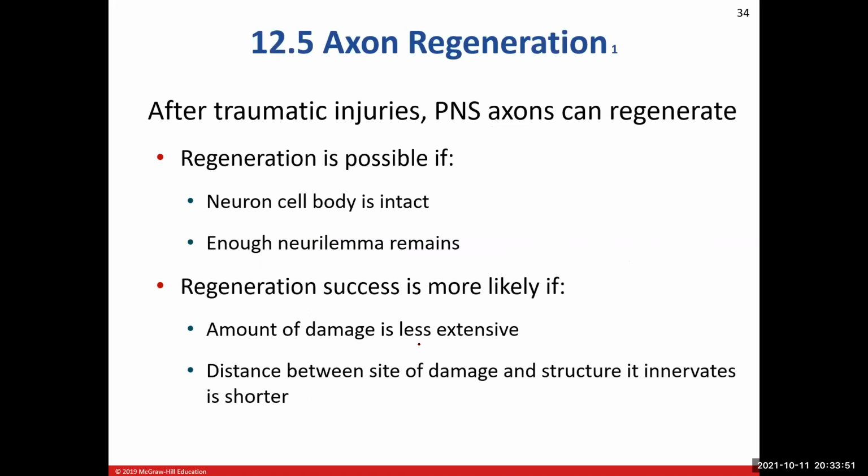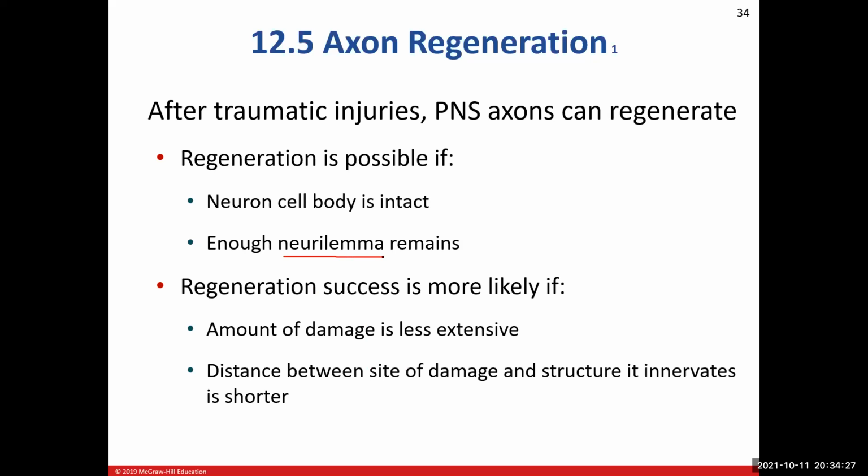It'll help you. So what happens when we injure an axon? It happens more than you'd like to care about, but it does happen. So when we're dealing with traumatic injuries in the peripheral nervous system, we are grateful that the axons can regenerate. And that regeneration is going to be possible, one, if the cell body is intact, if it is not harmed. And two, if we have enough neurolemma to work with so we can regrow that axon.